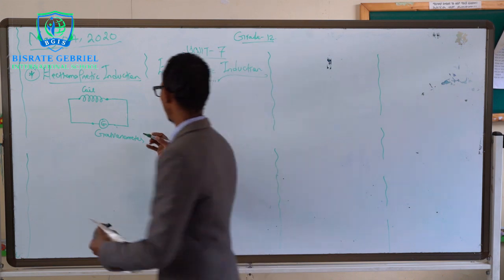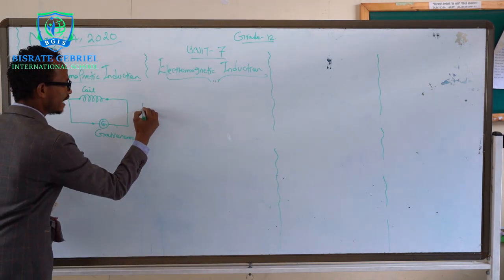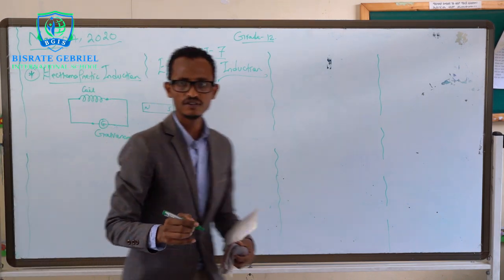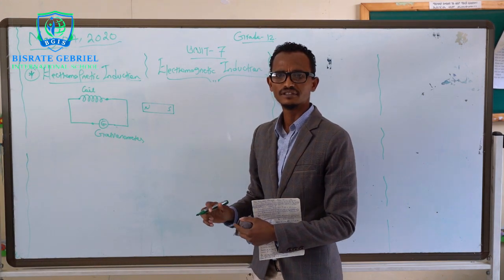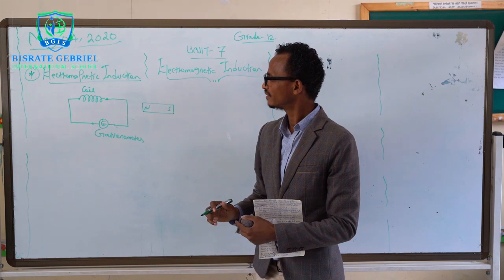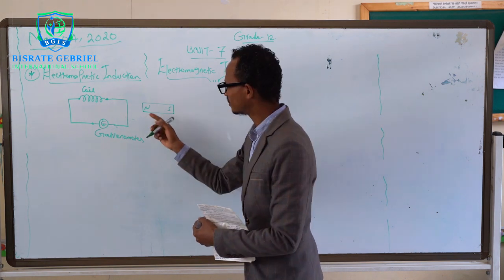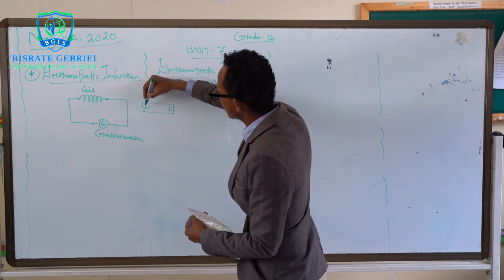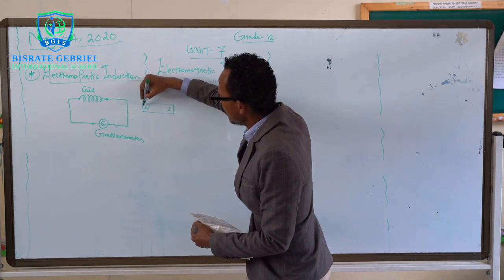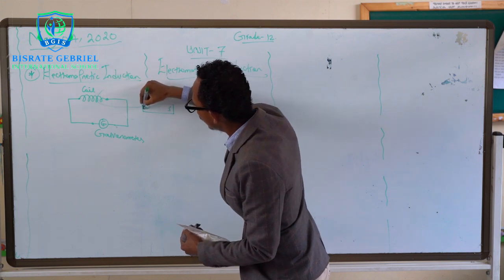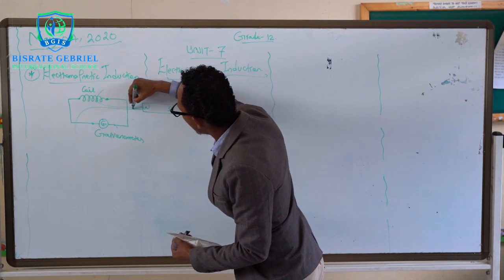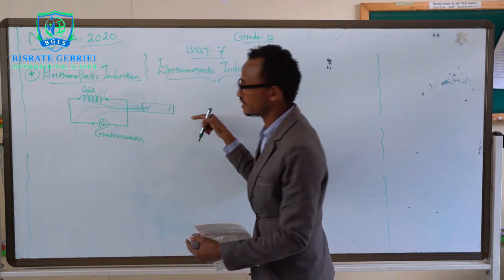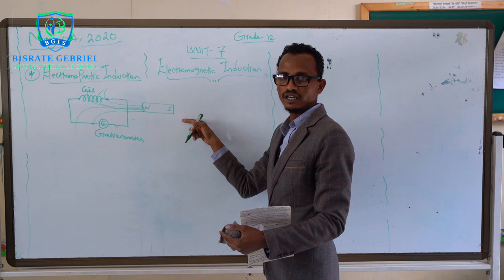What will happen when we put a permanent magnet very near to the given circuit? What will happen? When we put a permanent magnet very near to the circuit, as we observed before, field lines start to move from the north pole of the magnet towards its south pole.